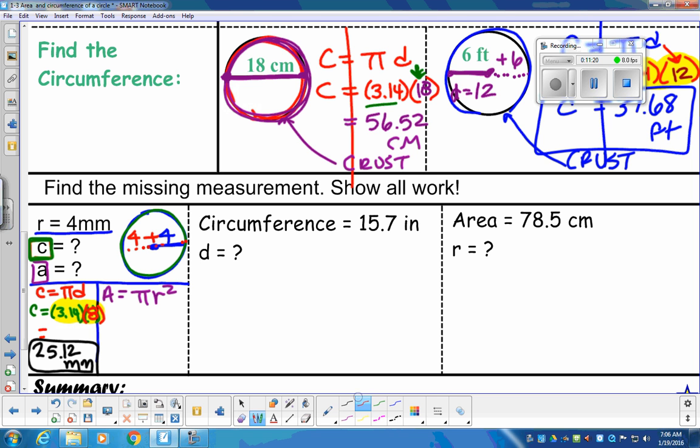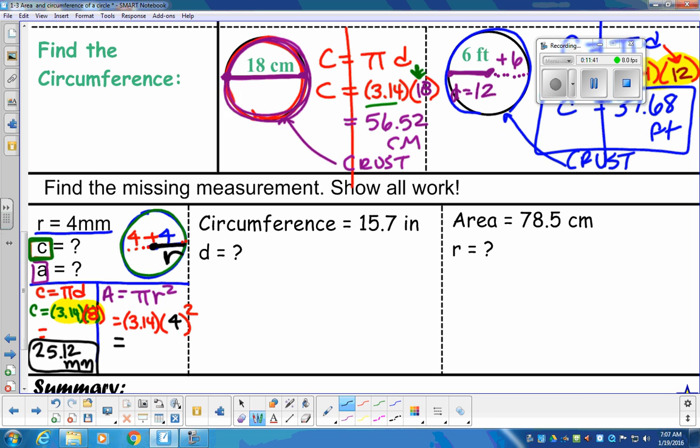Switching gears then to area. Now we're talking sauce, the yummy stuff. Area, the space inside. So we would go 3.14 for pi. I need a radius to go into this spot. If I go back to my picture, the radius is from center to rim. This is called the radius. Looks like my radius would be 4, so I'm going to dump a 4 into that spot.